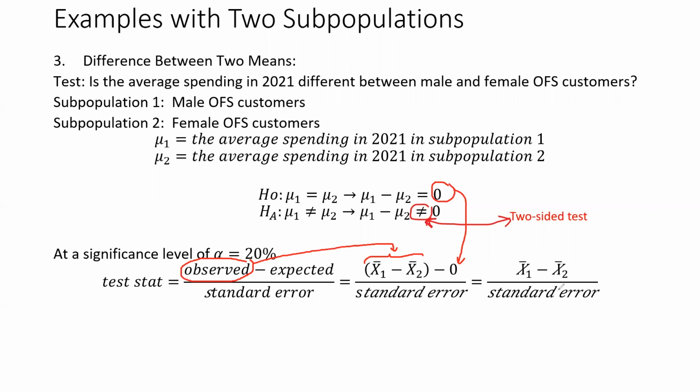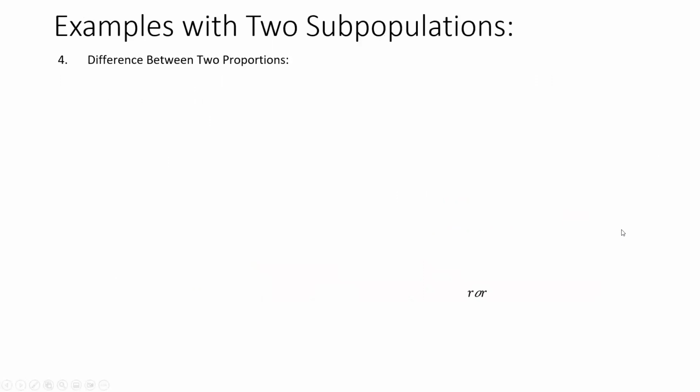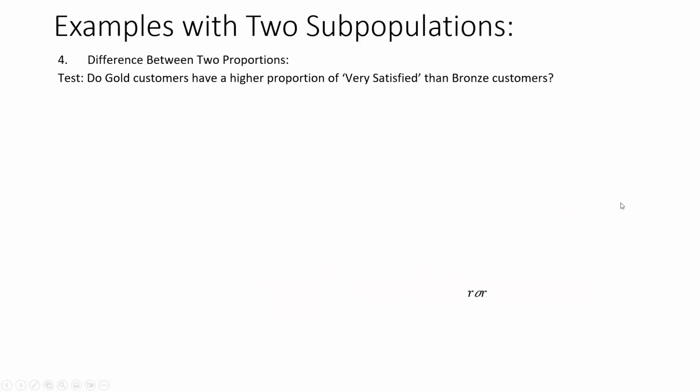And the final example that we did was looking at the difference between two proportions. And in here, the test that we want to ask is, do gold customers have a higher proportion of very satisfied than bronze customers?